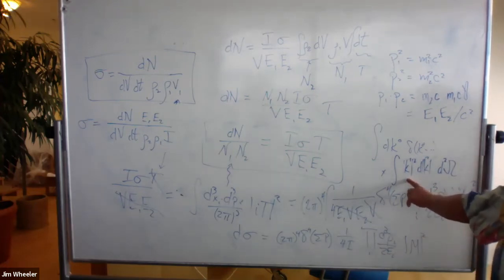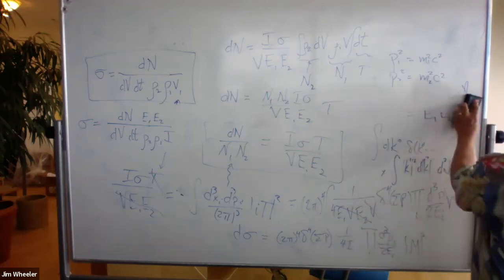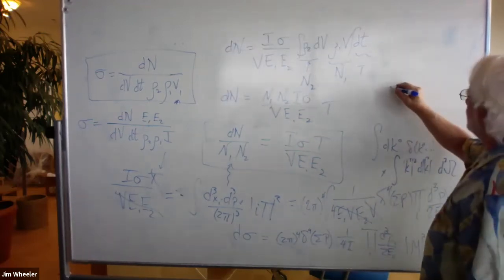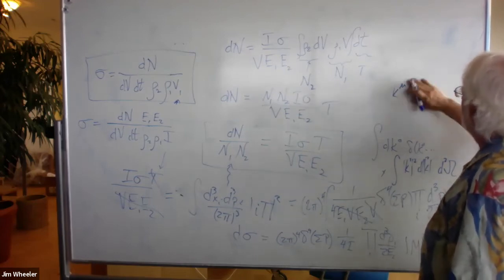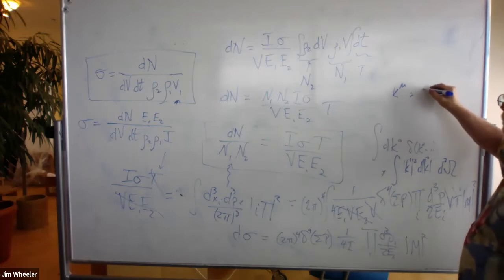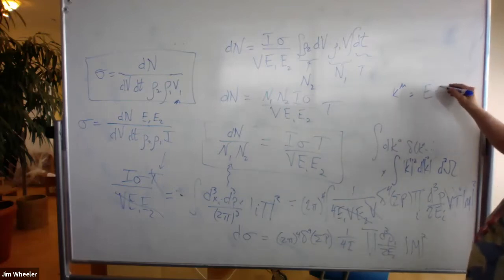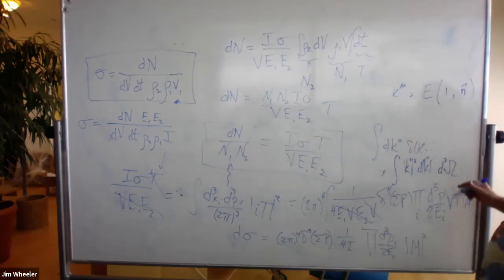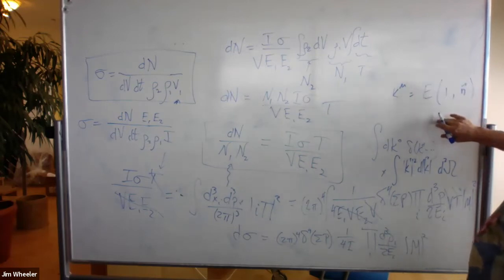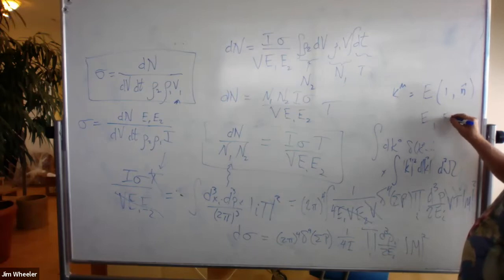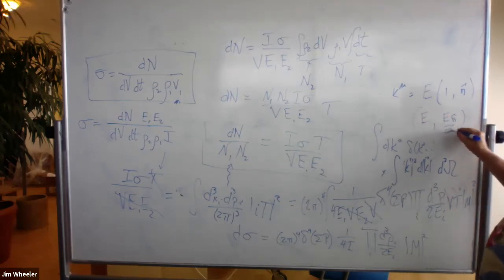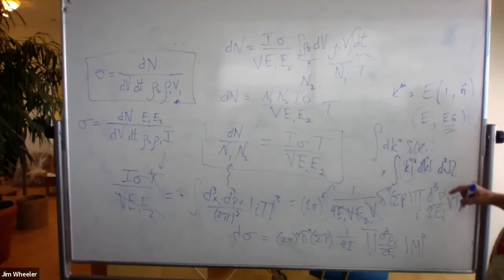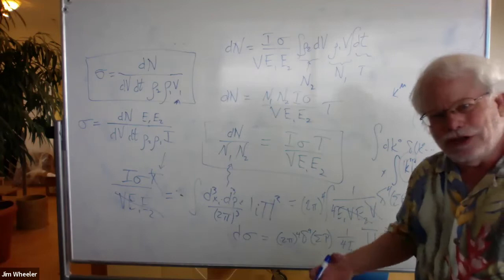And this k for a photon is just the energy, right? Remember, a photon has 4-momentum. You basically have the energy or the frequency times 1 and some unit vector direction here, so this is E and E n. So the magnitude in spherical coordinates here is just the energy. And so you can do that energy integral and you're left with just the angular integrals, which you do not do.